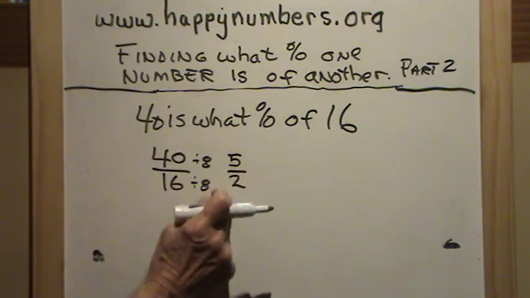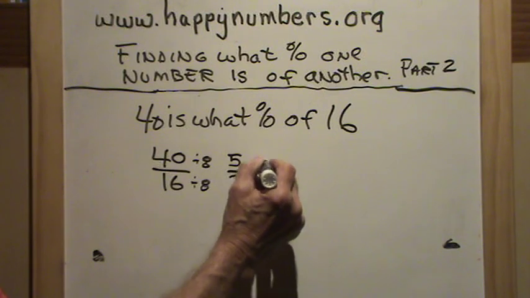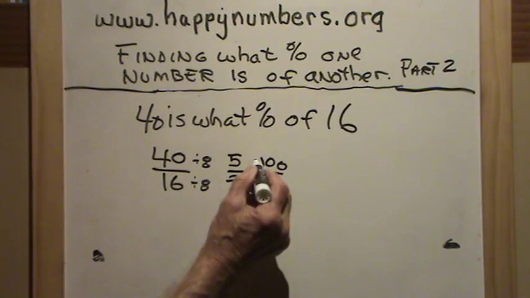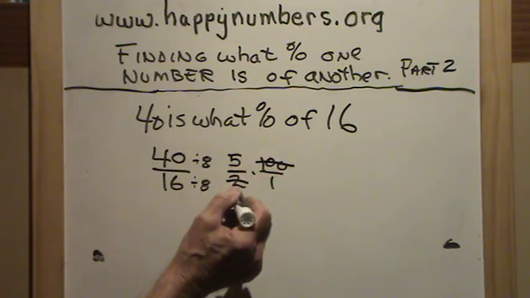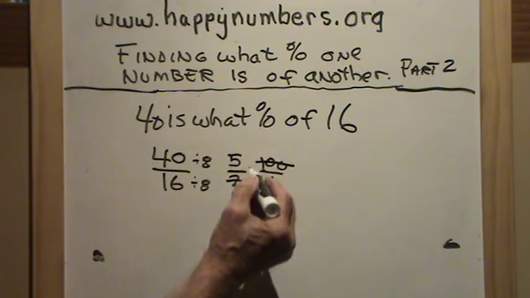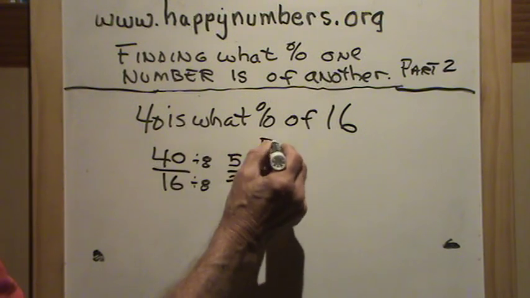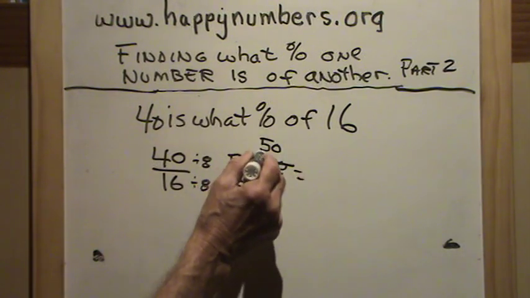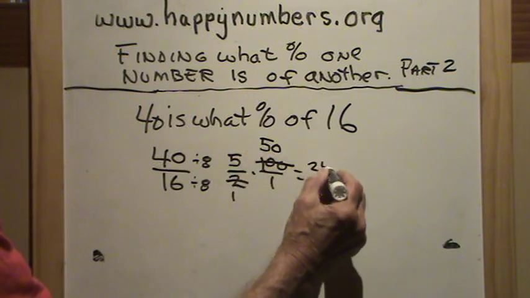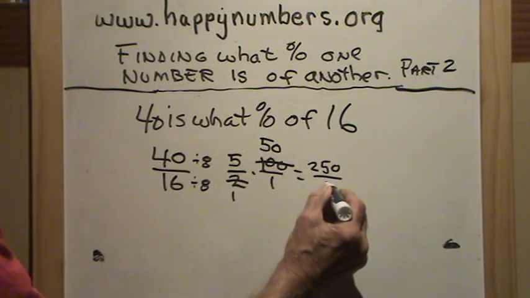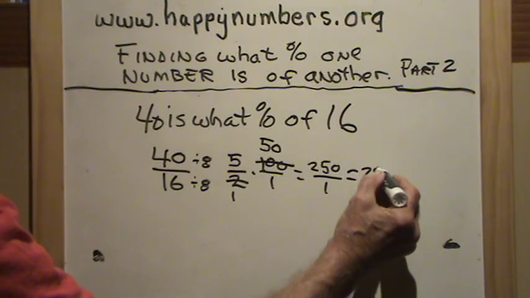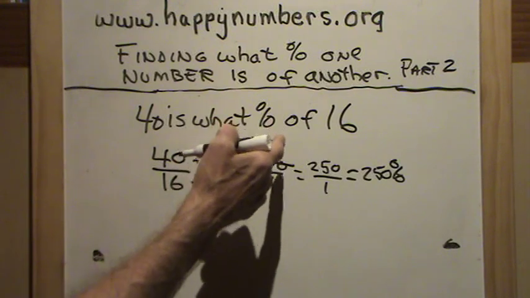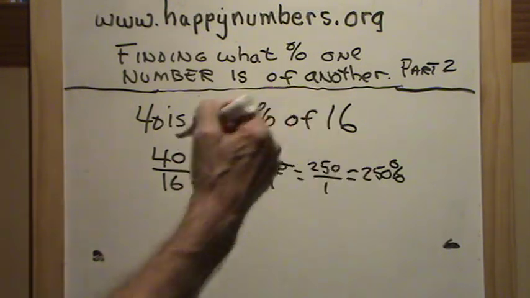Since 2 goes evenly into 100, I'm going to use the multiplying by 100 method. 2 goes into 2 one time, 2 goes into 100. Whenever you divide something by 2, you really divide it in half, so half of 100 is 50. Now I multiply. 5 times 50 is 250 over 1, which would be 250%. So 40 is 250% of 16.